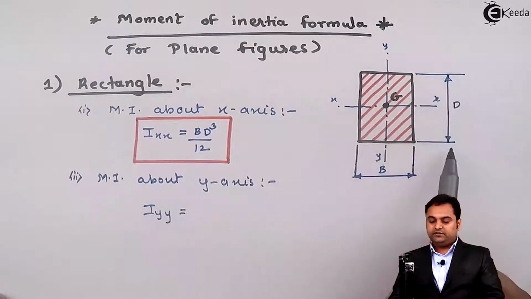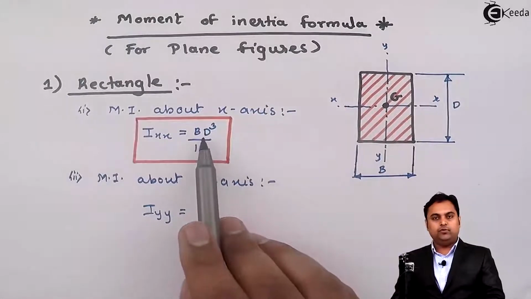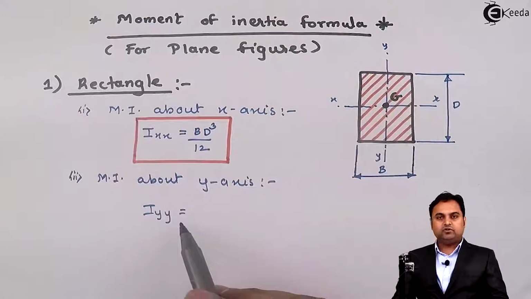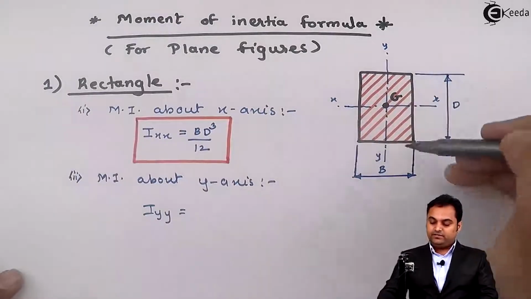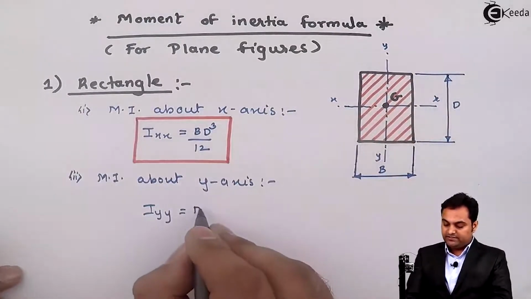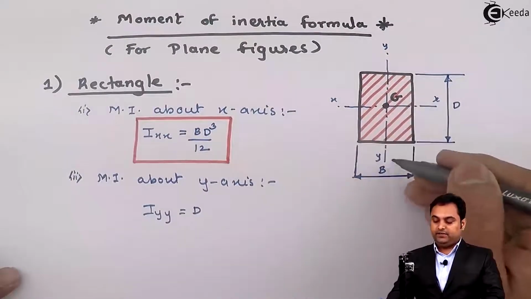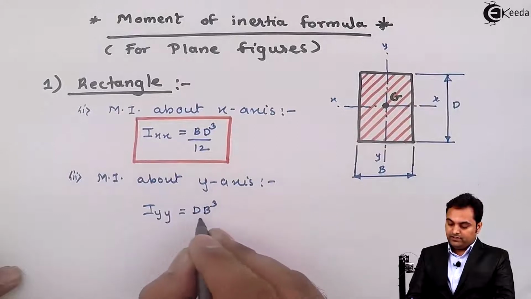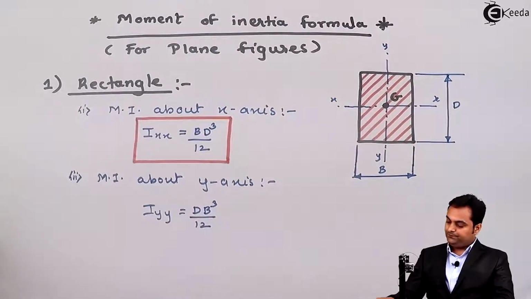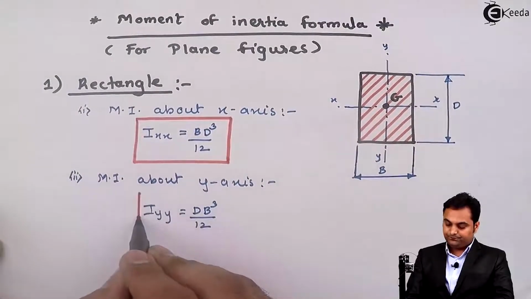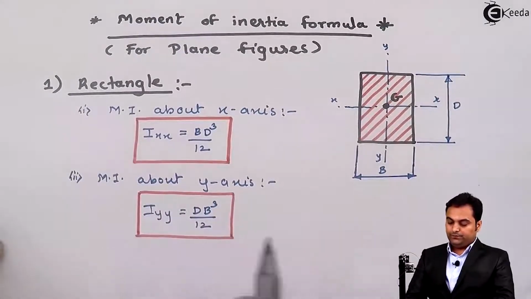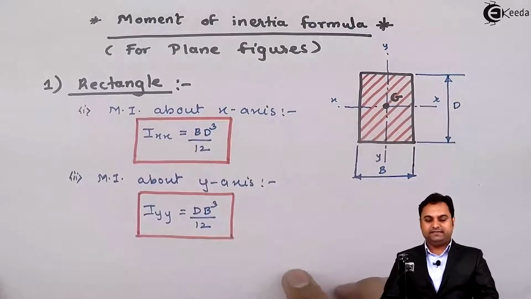It is cutting d, so make cube of d. That is another way of remembering the formula. Similarly for Iyy, it is parallel to d, so I'll write d as it is. Then it is cutting or passing through b, so here I have b cube. Another way of remembering the formula. So this is the MI of a rectangle.